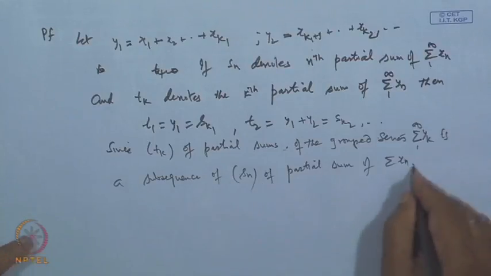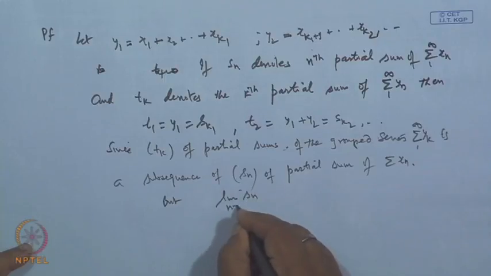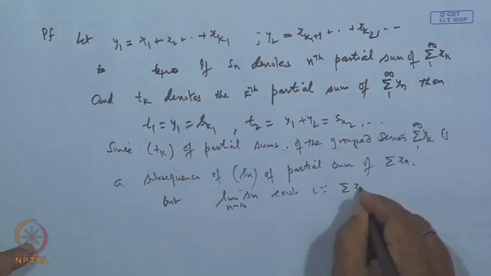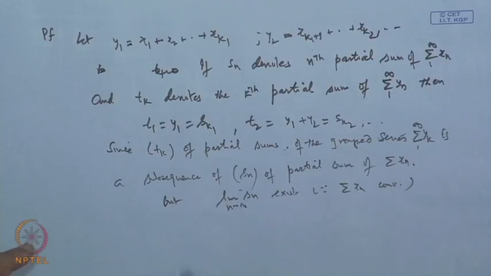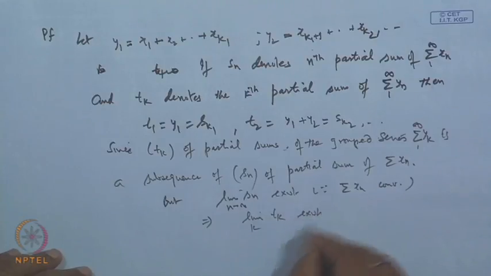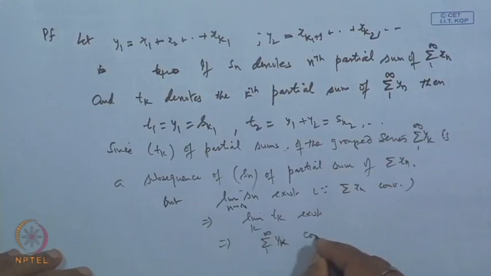Therefore, the limit of S n as n tends to infinity exists because the series is convergent. This implies the limit of T k over k will exist, and hence sigma y k, 1 to infinity, converges. That is the proof for it.